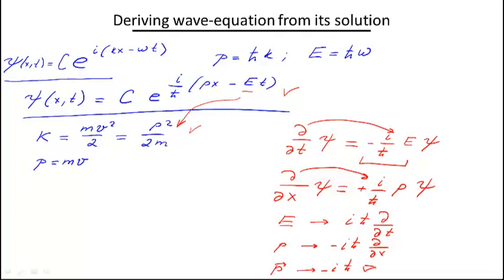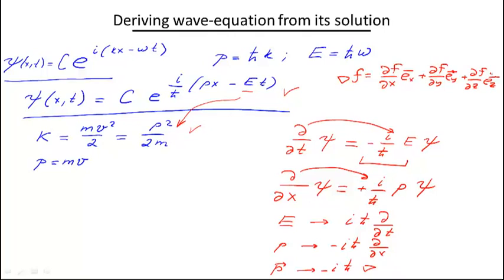So this nabla is called gradient, which is, if we have a function f, by definition df over dx, the unit vector in the x direction, plus df over dy, unit vector in the y direction, plus df over dz, unit vector in the z direction.